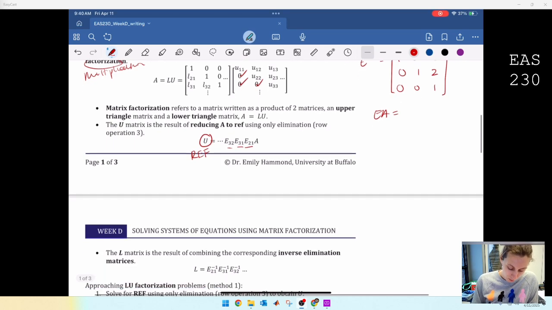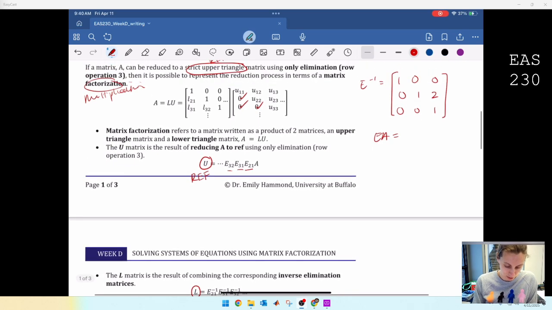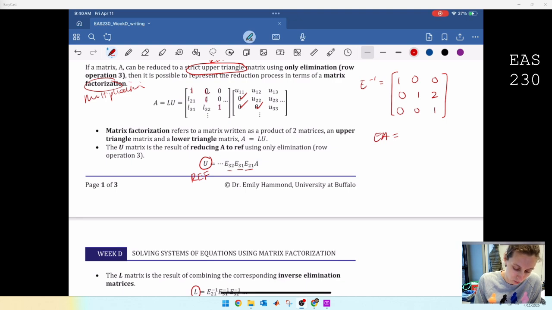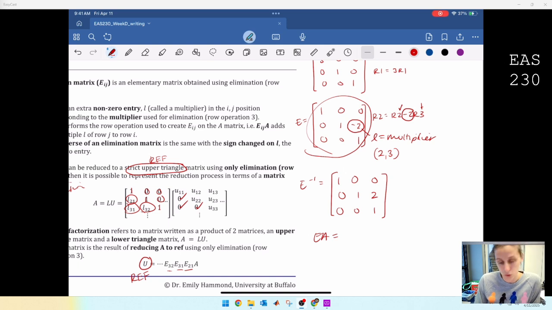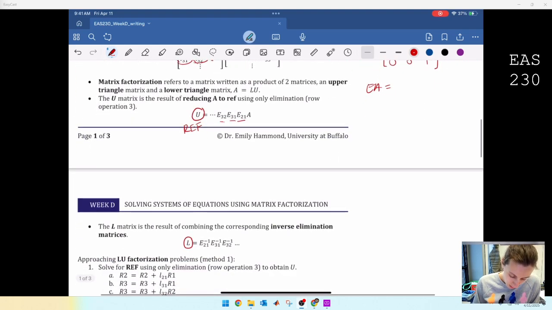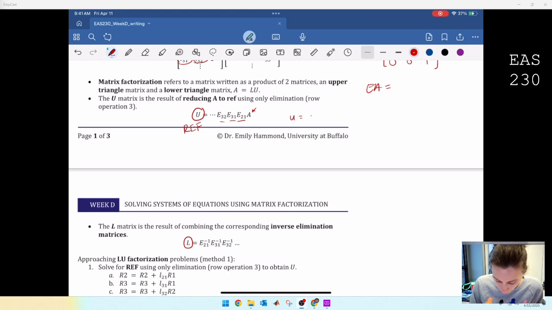In order to find L, where L is a lower triangle matrix, this is what L looks like. It's got 1s along the diagonal, and it's just my 3 elimination steps. My 3 elimination, I guess you can call them multipliers. The things that I used in order to multiply row 1 and row 2 by constants in order to get a zero. Okay. To find L, I just essentially solve for A. So U equals E32, E31, E21 A. So then I go ahead and find the inverse of these one at a time.